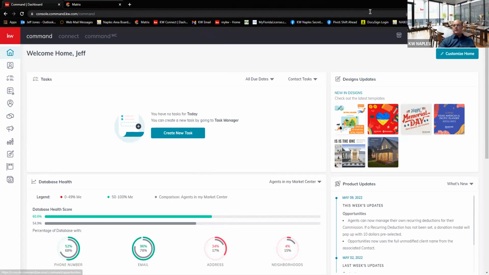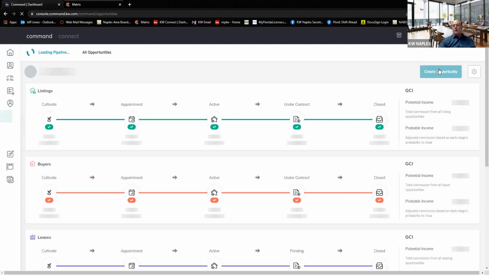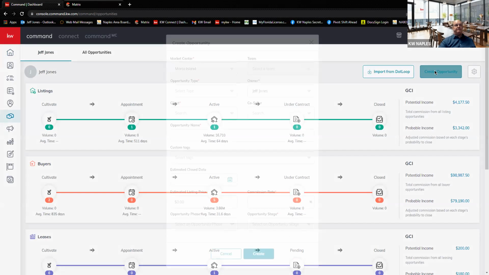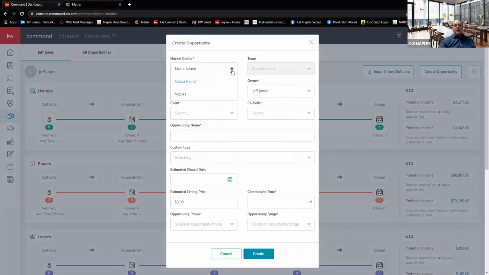Everybody can see that, right? Yes? All right, so we're going to go to opportunities and see where it says create opportunity.